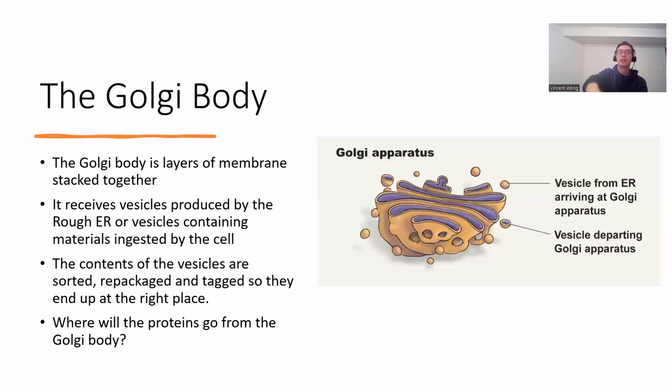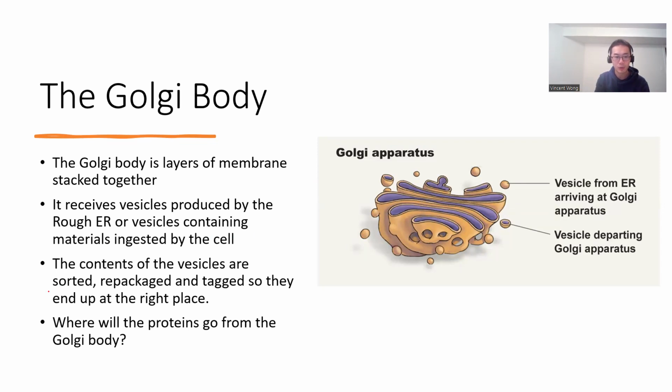All right. So then we talk about the Golgi body, right? It's several layers of membranes, and they receive the vesicles from the rough ER, not the smooth ER, okay? It's just processing the ones that have the protein.